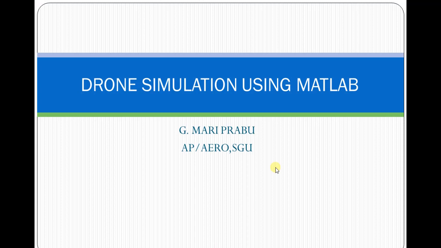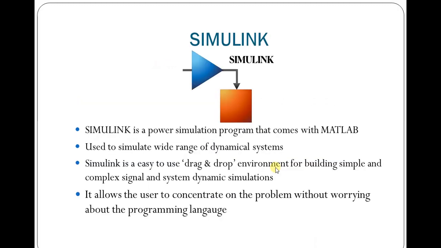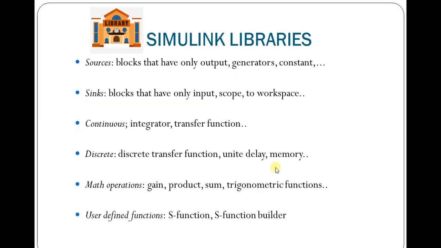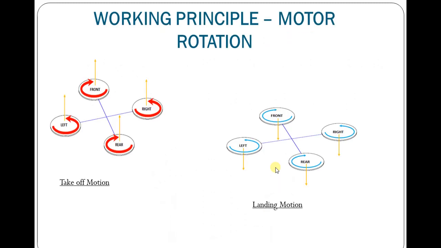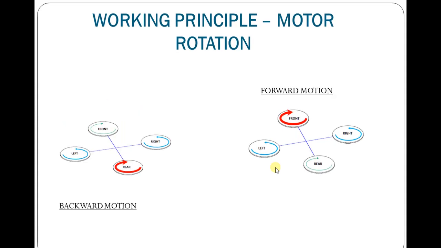So in this session we have seen a drone simulation using Matlab, that too Simulink. So we were introduced to what is Simulink and its libraries and the working principle of motor rotation, that is the fan rotation in quadcopters, that too plus configuration quadcopter.